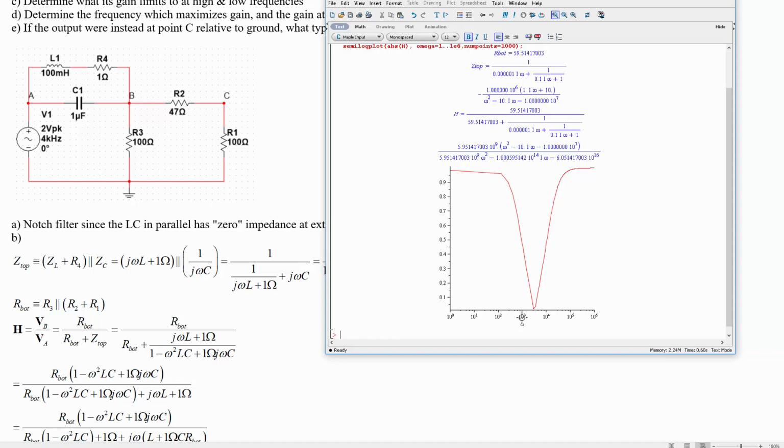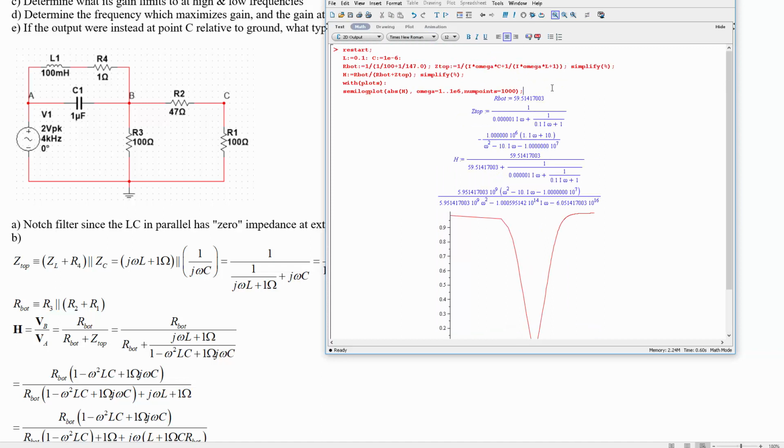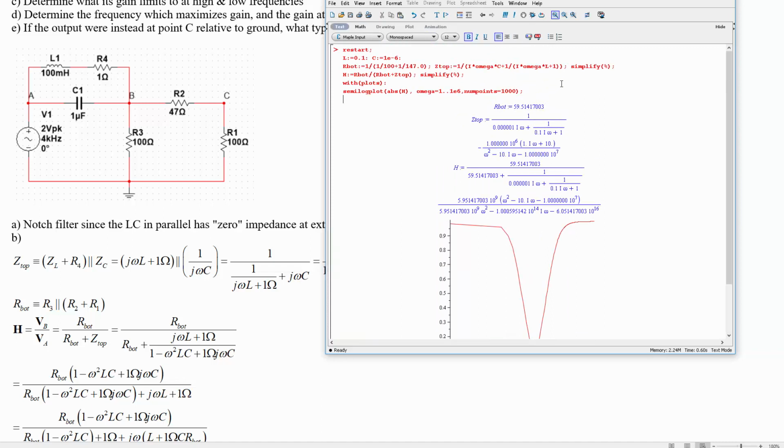Not quite 10 different divisions. So a little bit tough to see what's going on here. But if you look at the top, Maple is telling you what we're close to there. So that's like 3,200, maybe 3,000 for the frequency there. Okay, and that is probably pretty close to our 1 over square root LC.